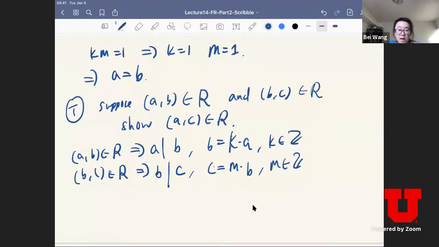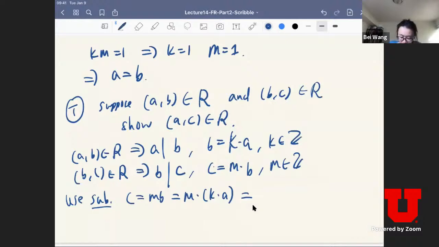Now, in order to show AC is in the relation, we just need to show that A divides C. So we can just use substitution. C is equal to MB. Substitute B is equal to M times K times A, which is A times KM.